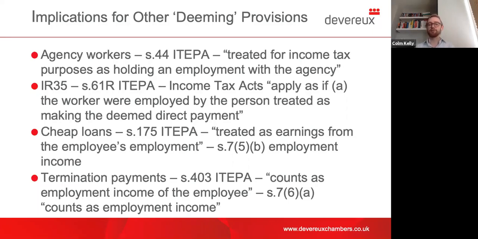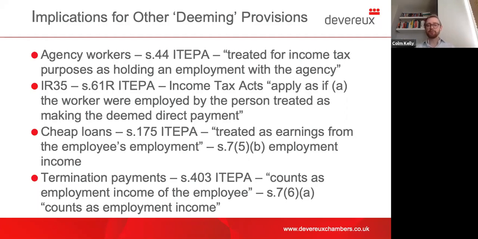And importantly, termination payments and everything in parts 6, 7, and 7A, they aren't treated as general earnings, though they are treated as employment income. So the question of who taxes them is open and would normally be determined by the DTA. So if you had a payment made to a non-resident employee who was exercising an employment in the UK, we know that that payment counts as employment income.